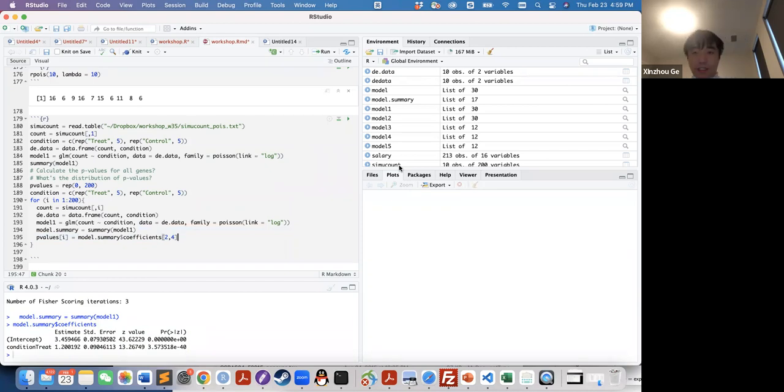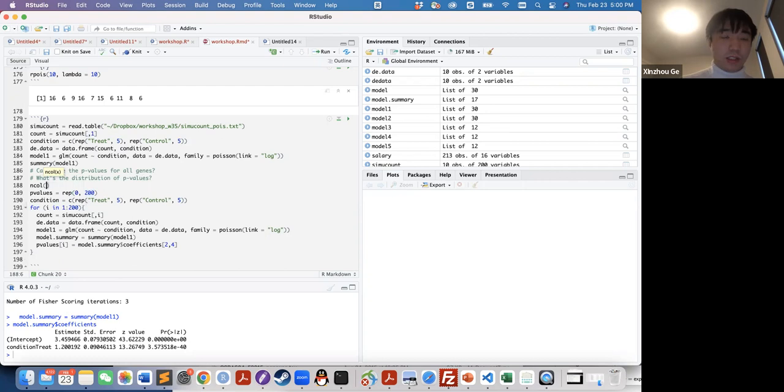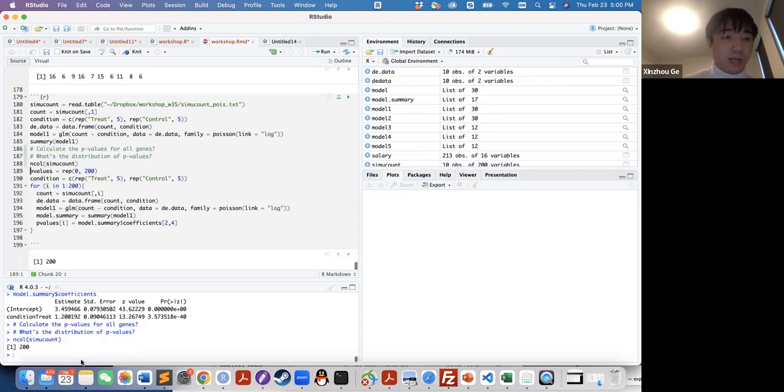Sorry, maybe I missed it. Is there a reason for choosing 200, or is it random? It is not random. We want to have a vector with length equal to 200, because if we look at the number of columns of the simulated count matrix, we can see that it has 200 columns corresponding to the 200 genes.